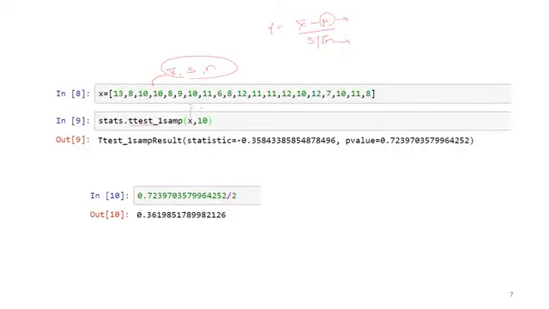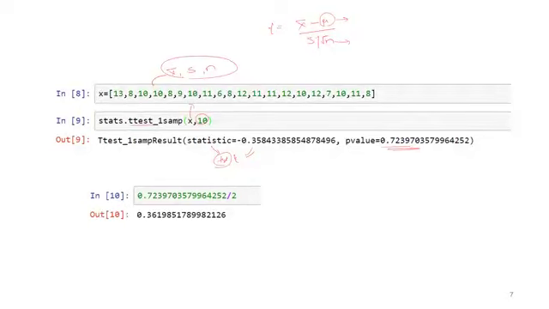We are passing this entire list, and we are passing this mu, with which we need to compare this X bar or sample mean. Now it will give me the output as the test statistic, or t-score, which is this, and this is my p-value.